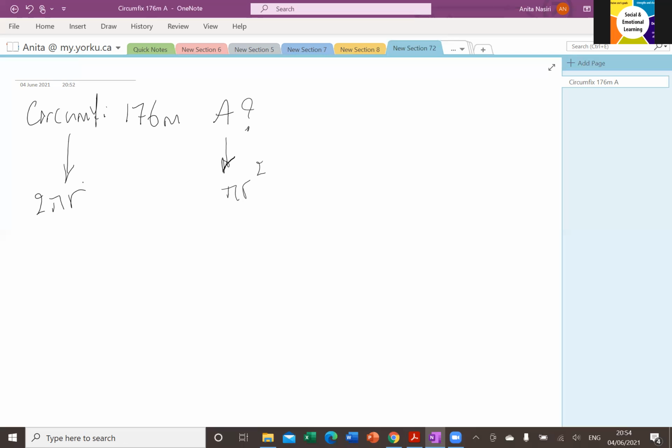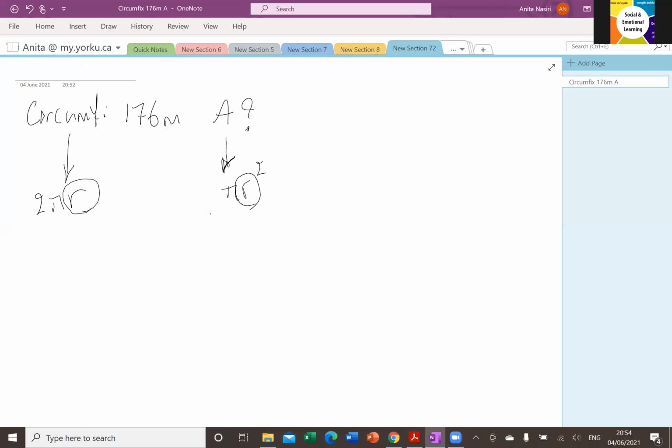And as Shinlai said, we need to find r first, because see here, the connection between the circumference and the area is r. Another way of putting it is that if we have the length of the radius, we can calculate both the circumference and area.